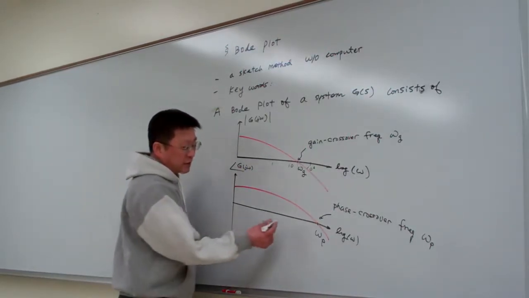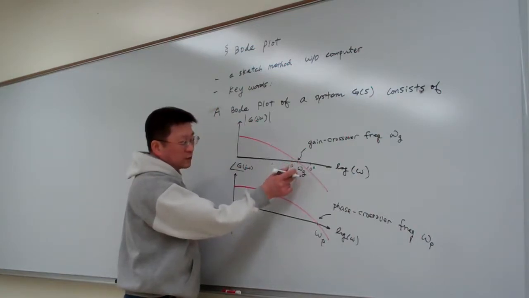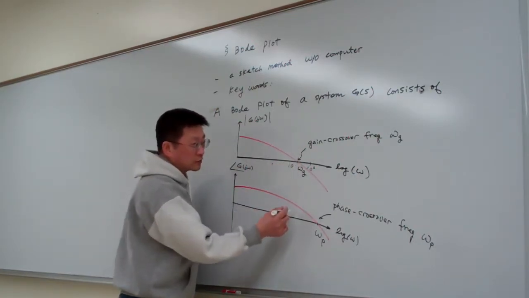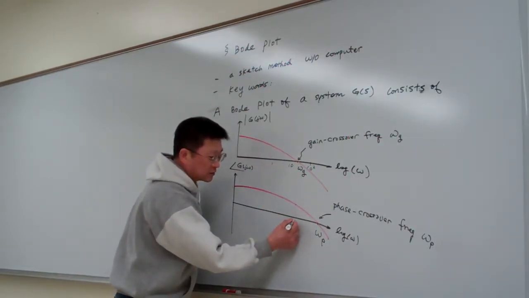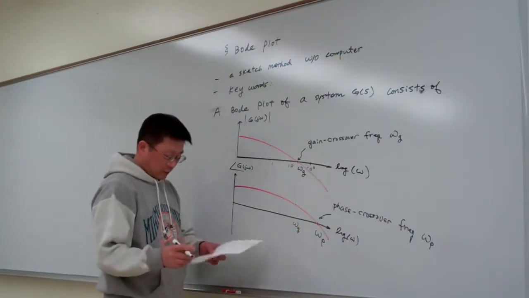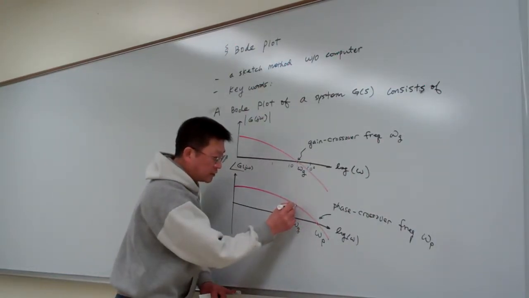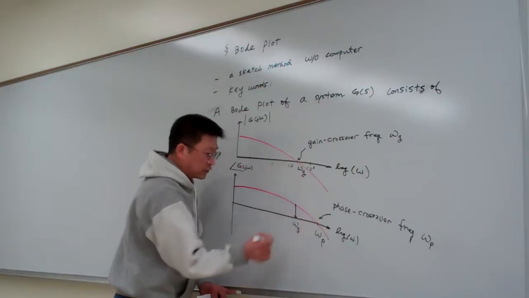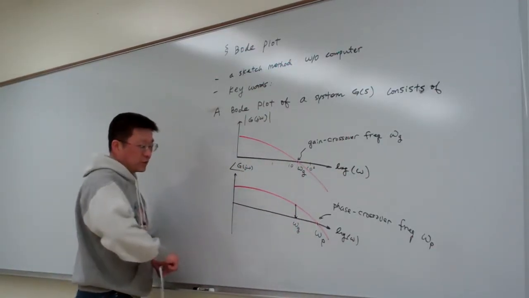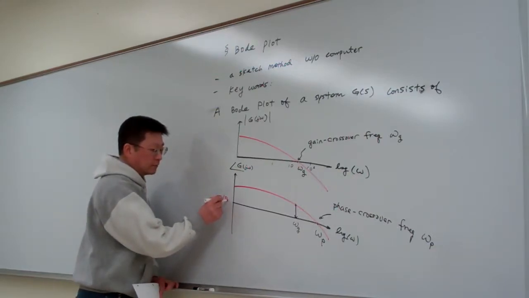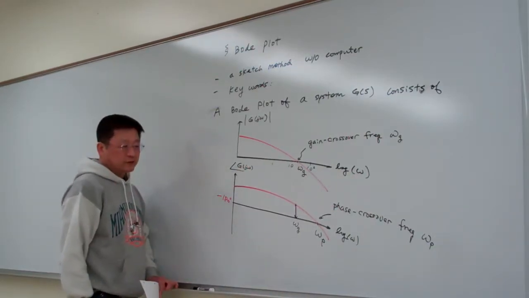And in this case, corresponding to omega G, the gain crossover frequency, we have corresponding to here, that is basically omega G is here, okay? And so for this case, we define the magnitude, in particular, that magnitude is measured from about 180 degrees.